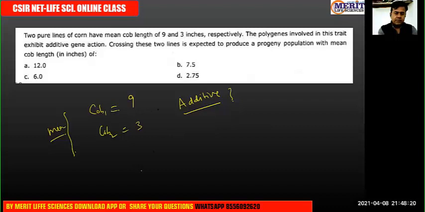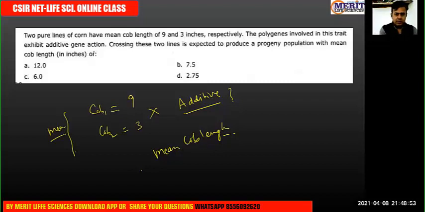Now they are asking, after both are crossed, what will be the mean cob length? Sir, is it option C? This is option C. Very easy.